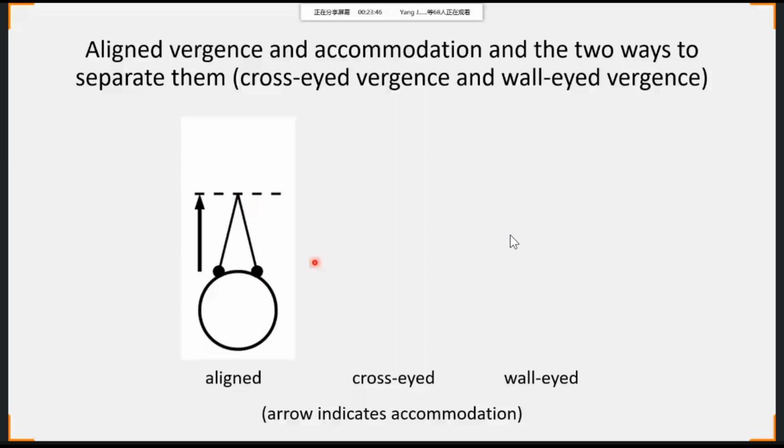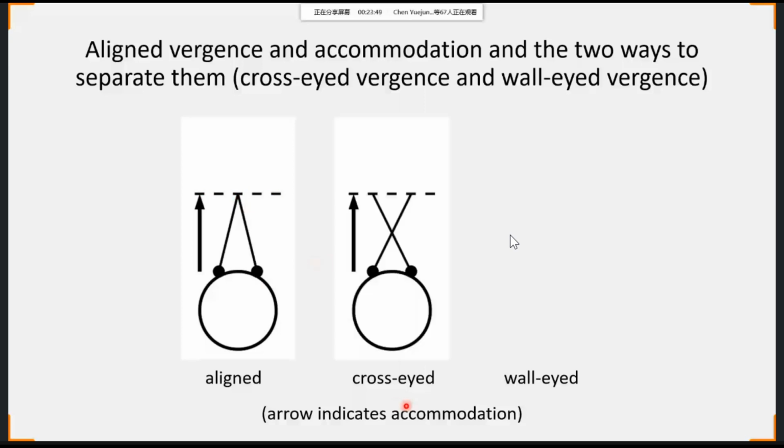Now, there are two ways to separate the images. We can use cross-eye, this is like you imagine to look at an object that is nearer to you than the display. So you try to focus in front of the display. This would mean that your eyes in the back get two separate images.